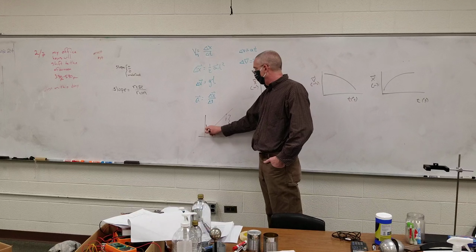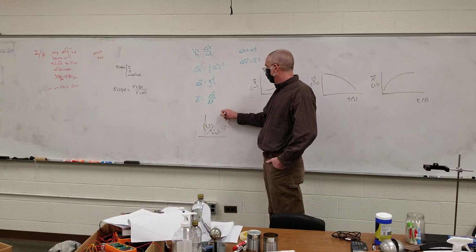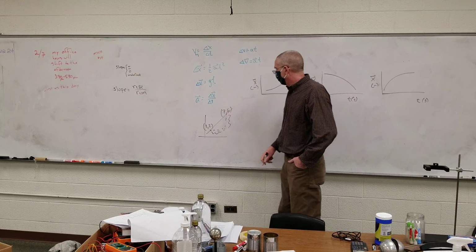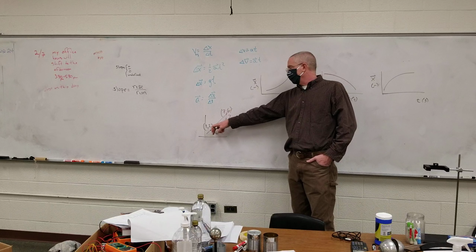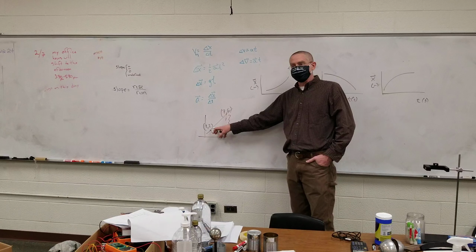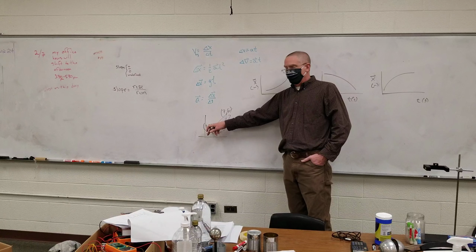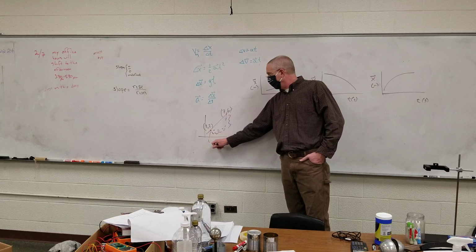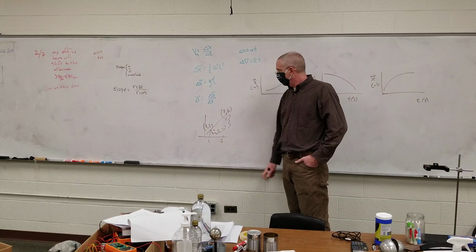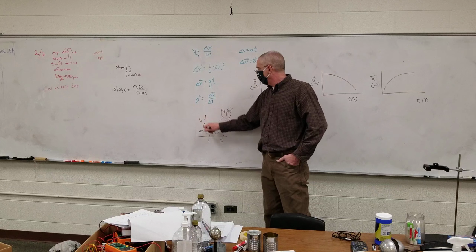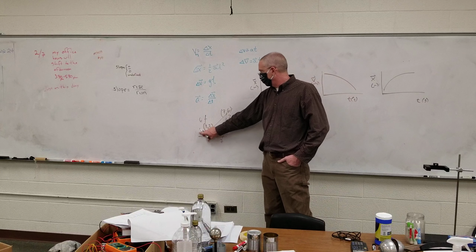So if this is the point (1, 2), and this is the point (7, 6). When given a coordinate pair like this, the first number is the horizontal, the second one is the vertical. So in math class, this would be the x and y. So my run, I'm going from 1 to 7. My rise, I'm going from 2 to 6.